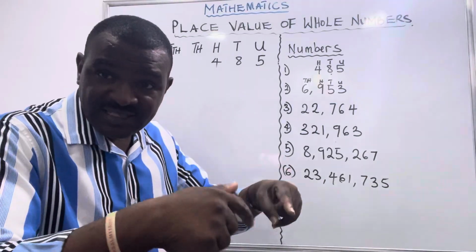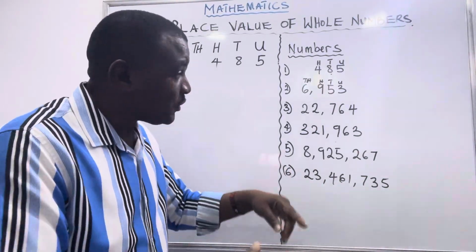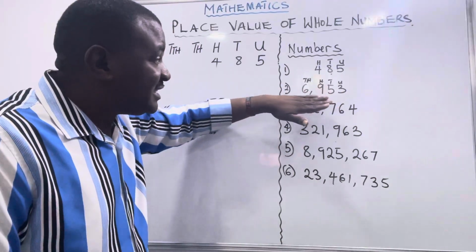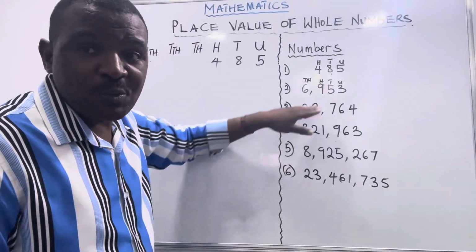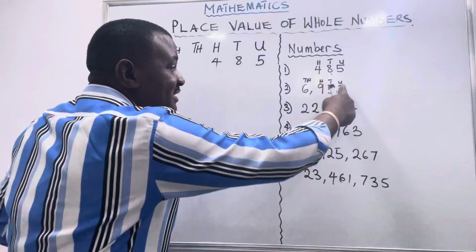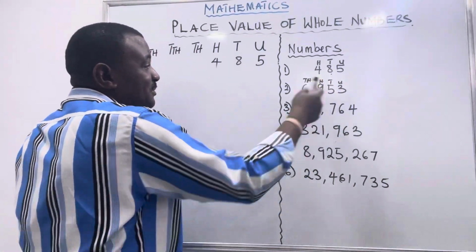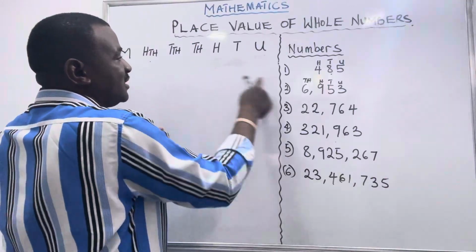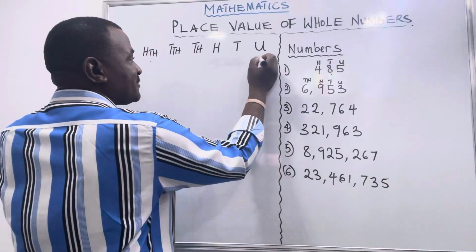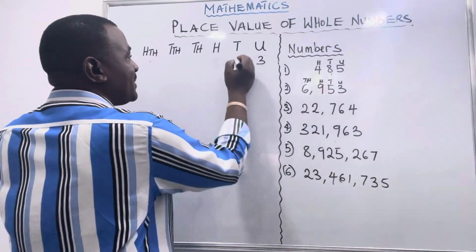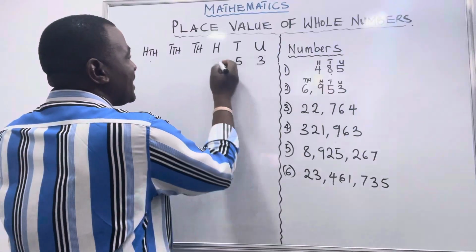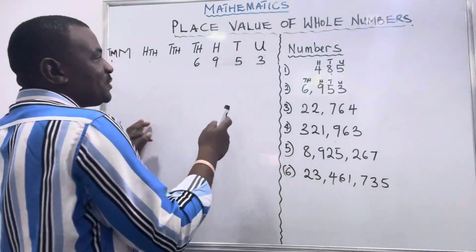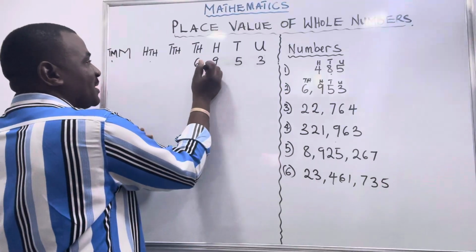Write it in your examination paper or anytime you are writing, because wherever they write the digits, they will always ask what the place value is. Just put units, tens, 100, 1,000. But for clarity, let me bring it here. So we have 3. Always start from the right: 3, followed by 5, followed by 9, followed by 6. You know you always count 1, 2, 3 to put your comma.